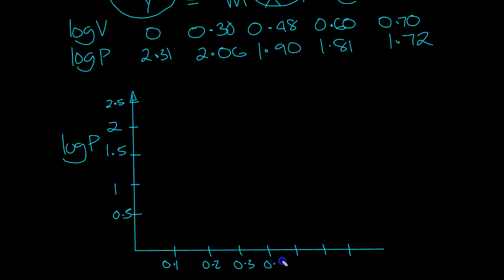And then we could be nice and accurate with the entry of our data points. There's 0.7. This is log V along the bottom, isn't it? So the first data point 0, 2.3. Then it's 0.3, 2.06. Mark that one off. I'll do as best I can, as I say, 0.48, 1.90.